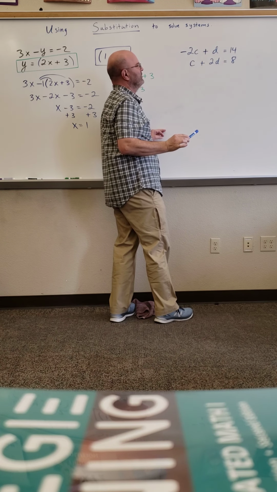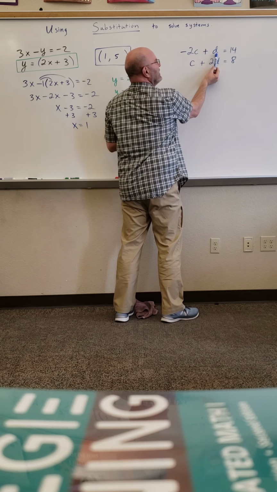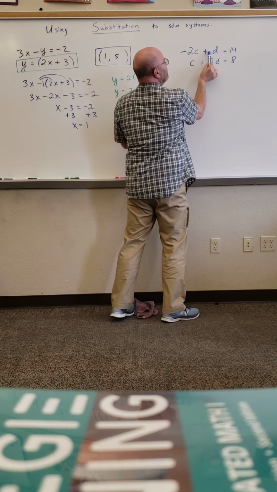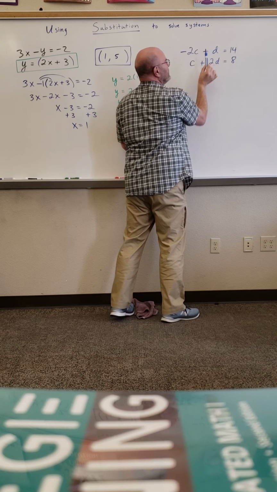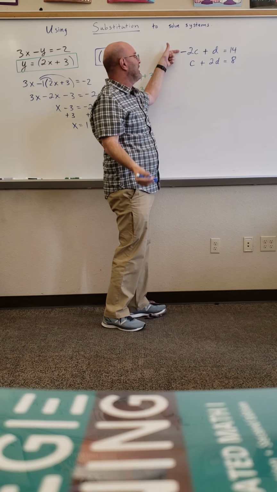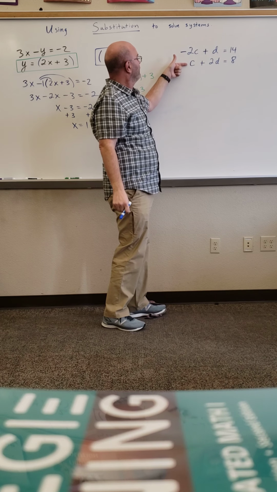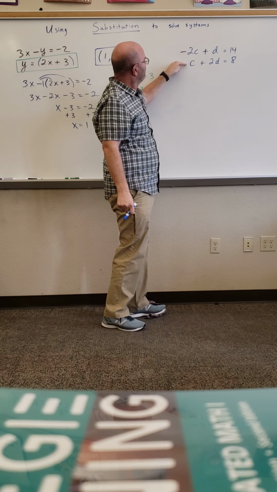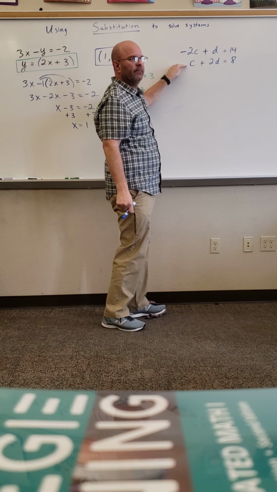You'll have fractions. But getting d by itself in equation 1 would work beautifully, because notice the number in front of d is a 1. So solving the first equation for d works nicely. I could also solve the second equation for c, because notice that its coefficient is equal to 1.